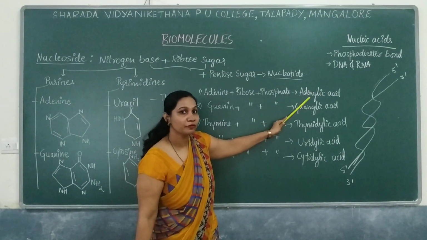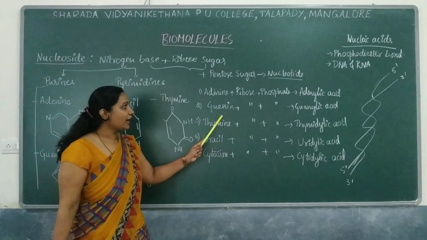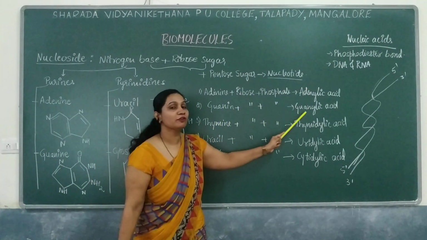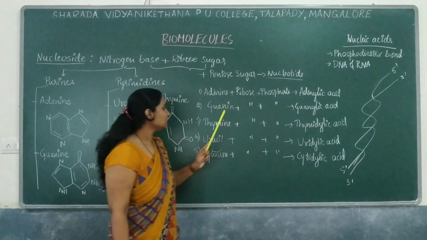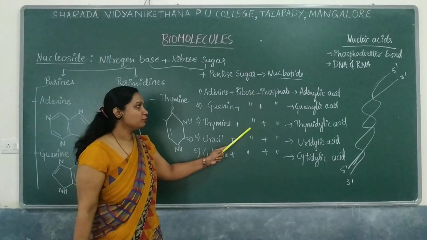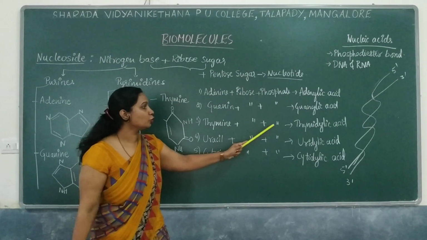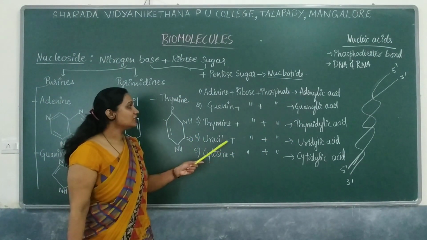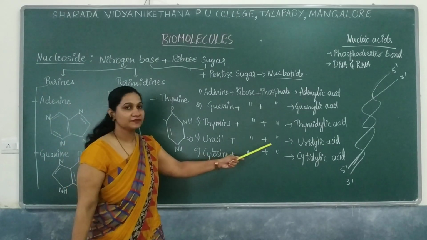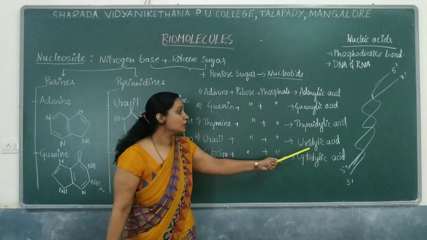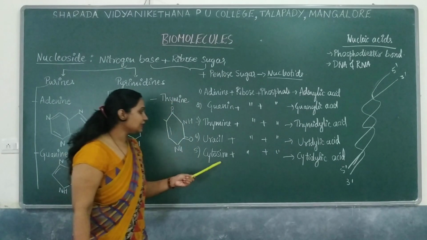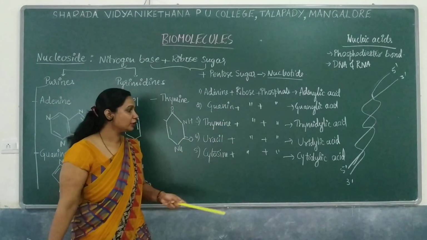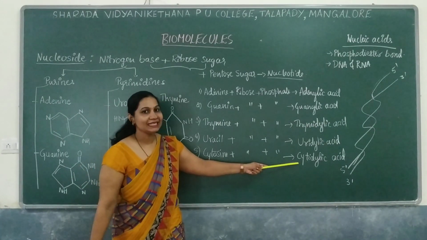It is one type of nucleotide. Whereas guanine joins with ribose sugar as well as phosphate and forms guanylic acid. Thymine joins with ribose sugar as well as phosphate group and forms thymidylic acid. Uracil joins with ribose sugar as well as phosphate group and forms uridylic acid, and cytosine joins with ribose sugar as well as a phosphate group and forms cytidylic acid.